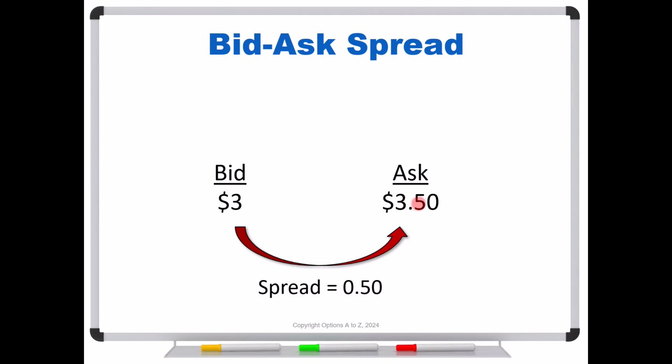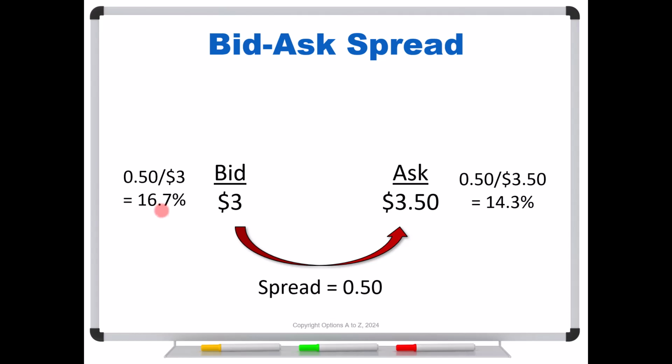Well, we don't really have one price, we have two. Some people say to divide it by the highest price, or over on the ask price. So we could take 50 cents divided by 350 and say it's about a 14.3% spread. But why do we have to choose that number? We could say, let's divide it by 3. So 50 cents divided by 3 is about 16.7%.